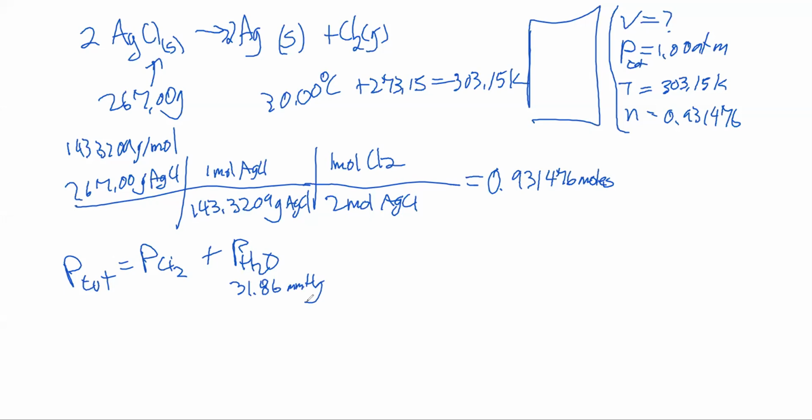And if I want to turn that into ATMs, I just divide that by 760. And that gives me 0.0419 ATM.